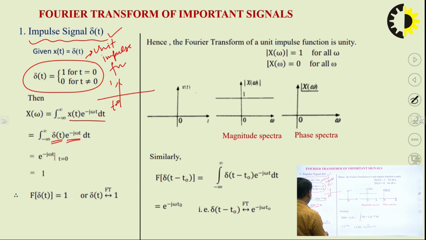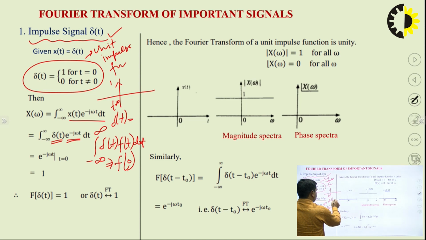and the property states that if we have a function f(t) delta(t) dt integrated, then it becomes f(0), because we can write delta(t) as delta(t minus 0). Using this property, it becomes the function at t equal to 0, e^(minus j omega t) at t equal to 0, which becomes 1.